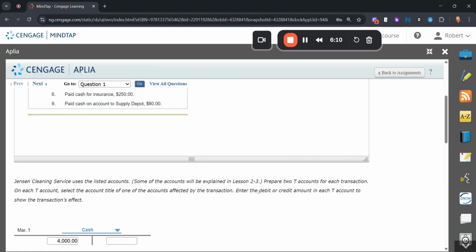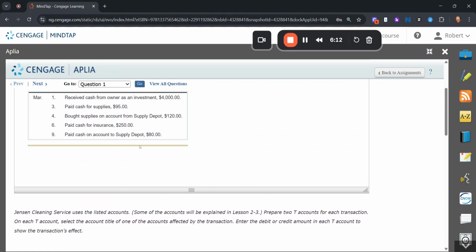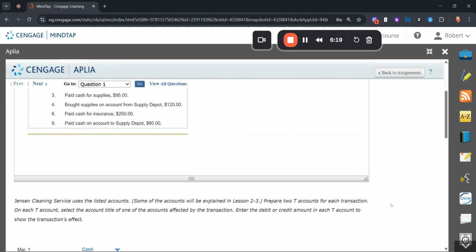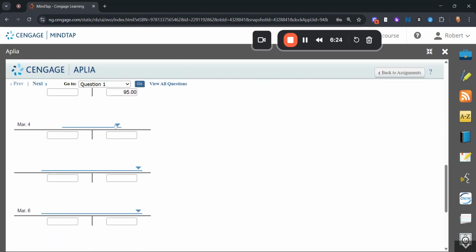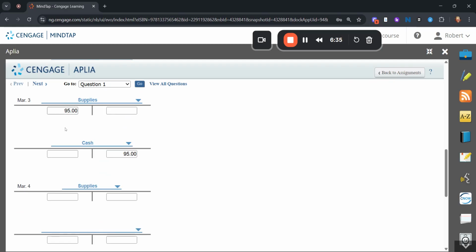That gets us to our next transaction. Bought supplies on account from Supply Depot for $120. So once again, 2 accounts are affected. So let's see which one's listed here in the first drop-down menu. Okay, supplies. So once again, just like this other one, we have an increase in supplies. So the left side, $120.